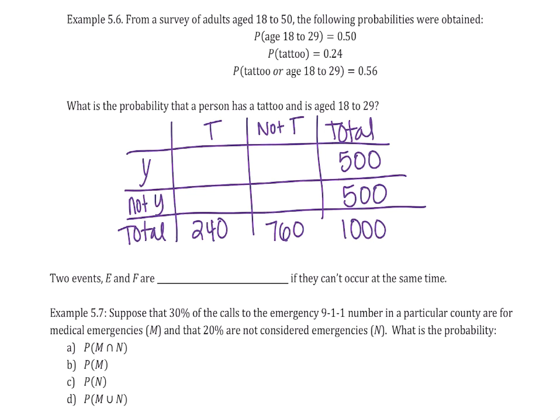Now, this next question, the or question, can be a little bit trickier. We know that 0.56 are tattoo or young. So they fit in either of these three. If we were to add up those three boxes, it would add up to 560 for this case.